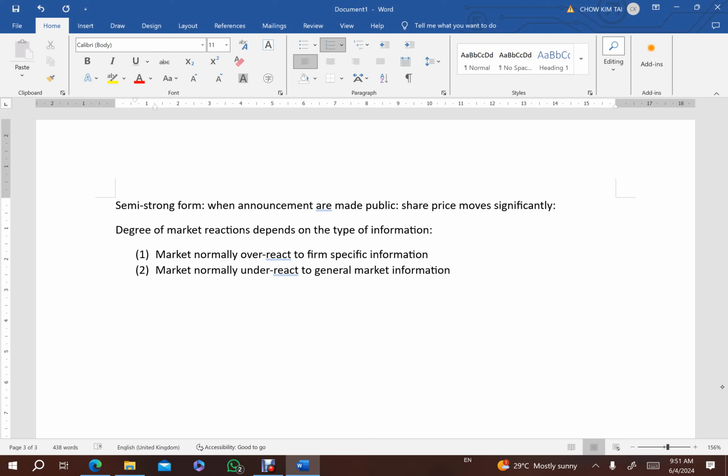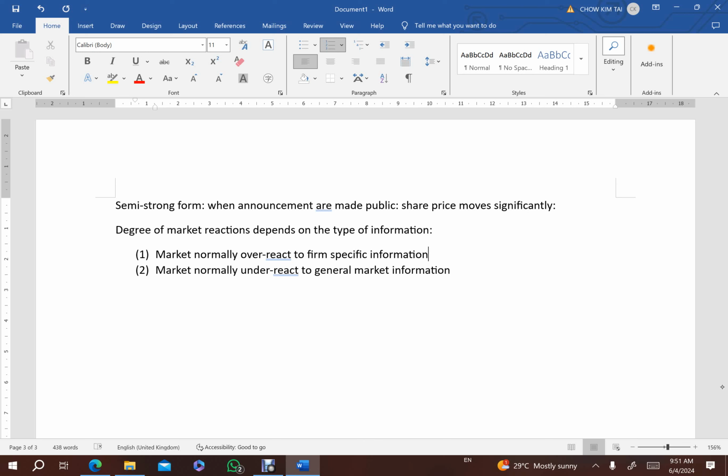If Bill Gates suddenly pass away, then the share price of Microsoft will drop heavily. These are firm specific information. Yeah, or okay, AirAsia. So when there's an aircraft accident, yeah, the share price drop heavily. So firm specific information, market normally overreact, especially bad information.